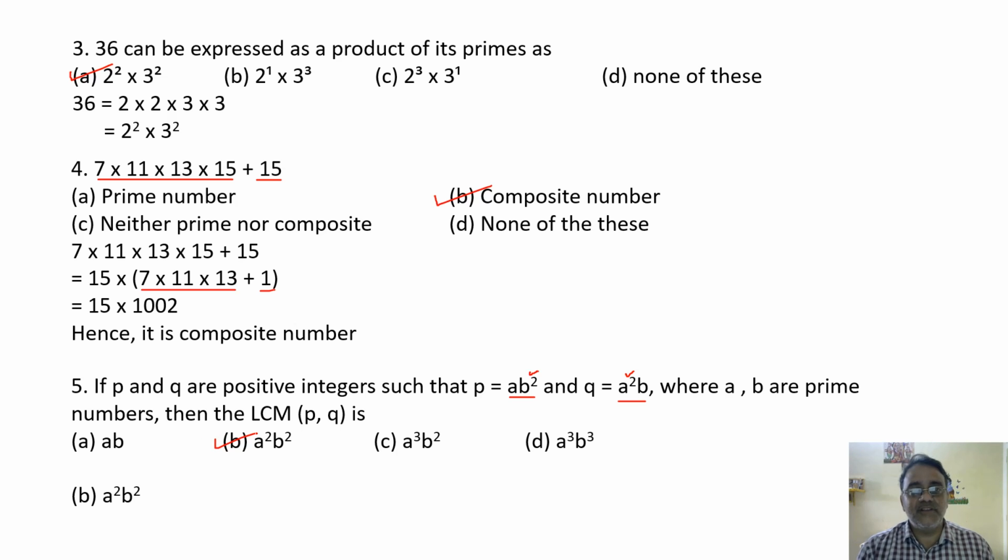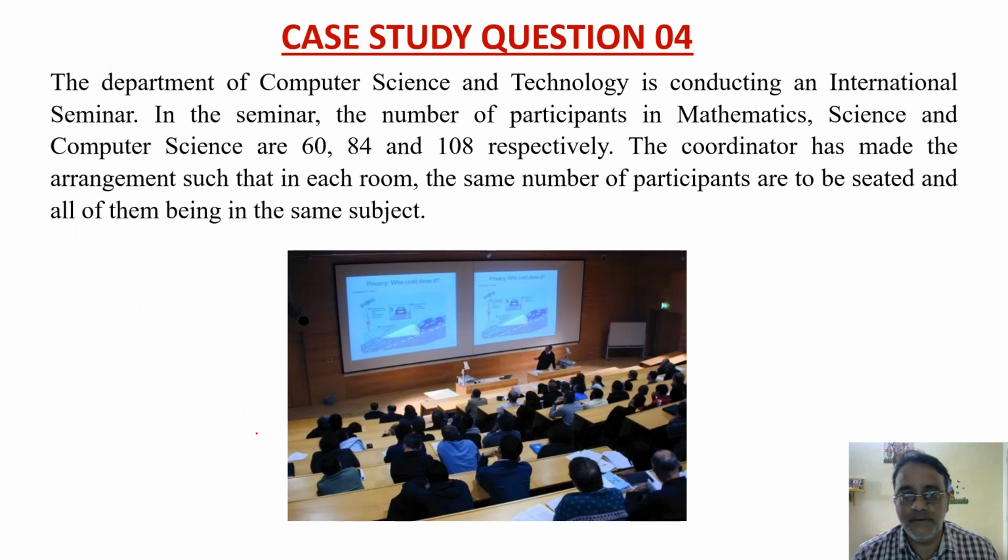Now we are moving toward the next case study question, number 4. The Department of Computer Science and Technology is conducting an international seminar. In the seminar, the number of participants in mathematics, science and computer science are 60, 84 and 108 respectively.